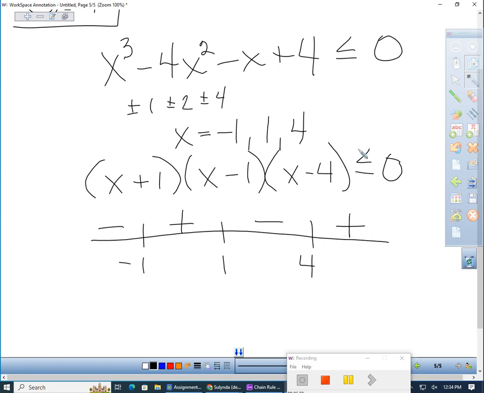Okay. So now this says, where is it less than or equal to 0? Negative infinity to negative 1 with a what? Good. And then with a 1 to 4. And that's because it's got the equals under it, right? Okay.